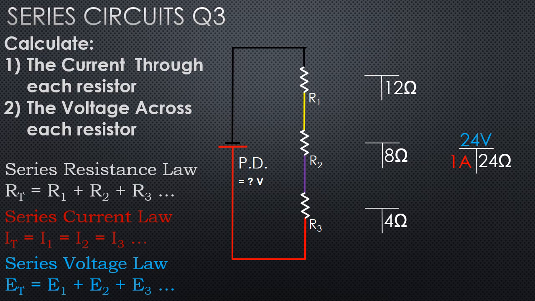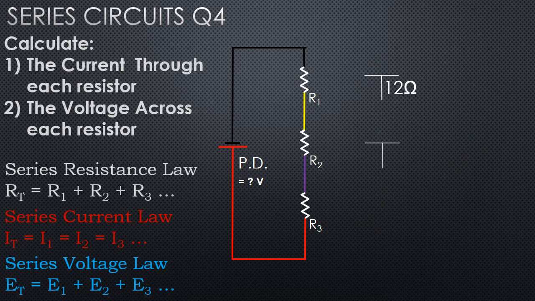They have to be the same for each one. So put your amperage in the right position in Ohm's law. And now, using Ohm's law, calculate the voltage across each one of those resistors. Adding them all up, the voltages add up. 12 plus 8 is 20, plus 4 is 24.